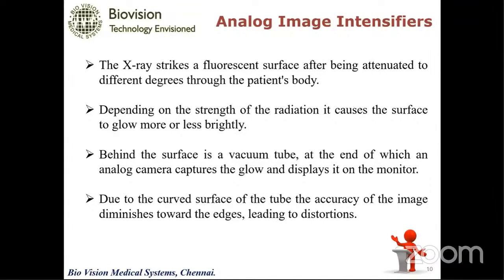The X-ray passes through the patient body, attenuated to different degrees, and hits a fluorescent surface, which glows based on the input radiation strength. If the X-ray is strong, the brightness will be greater. So the phosphor screen we use glows based on the input X-ray.